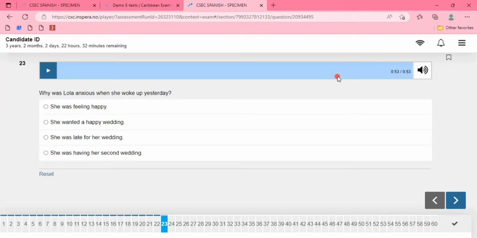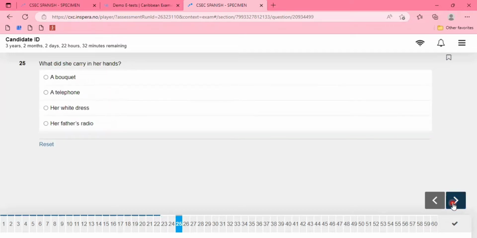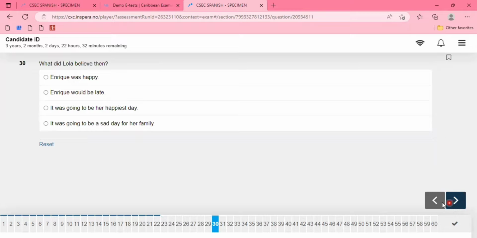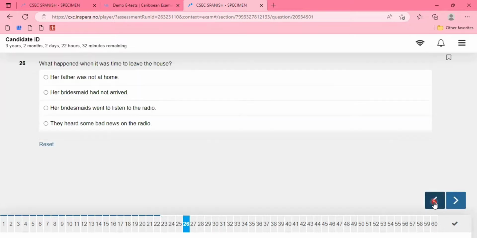So that jotting down could really start happening when you're listening to the specific sections. And when you're allowed to, you would be skimming through all the questions in this section. It stops at 30.